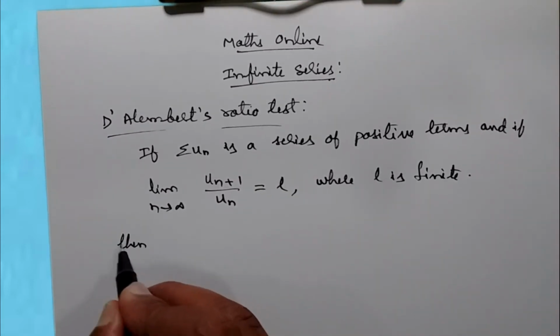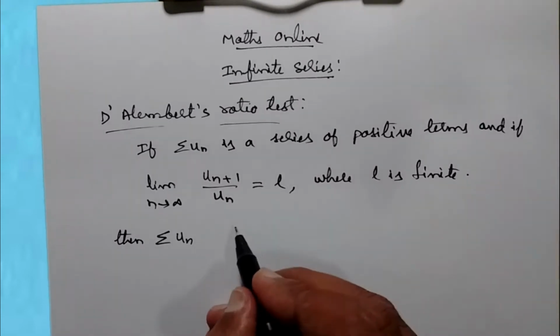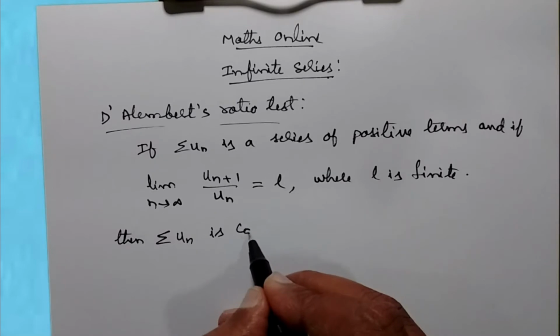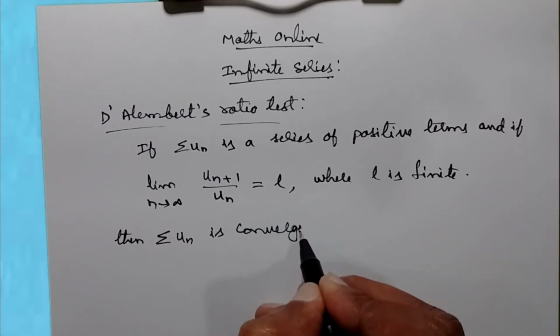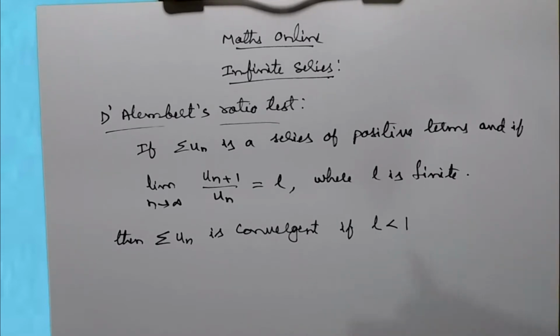Then what happens to the series? Then summation of un will be convergent. Summation of un is convergent if the value of L is less than 1.